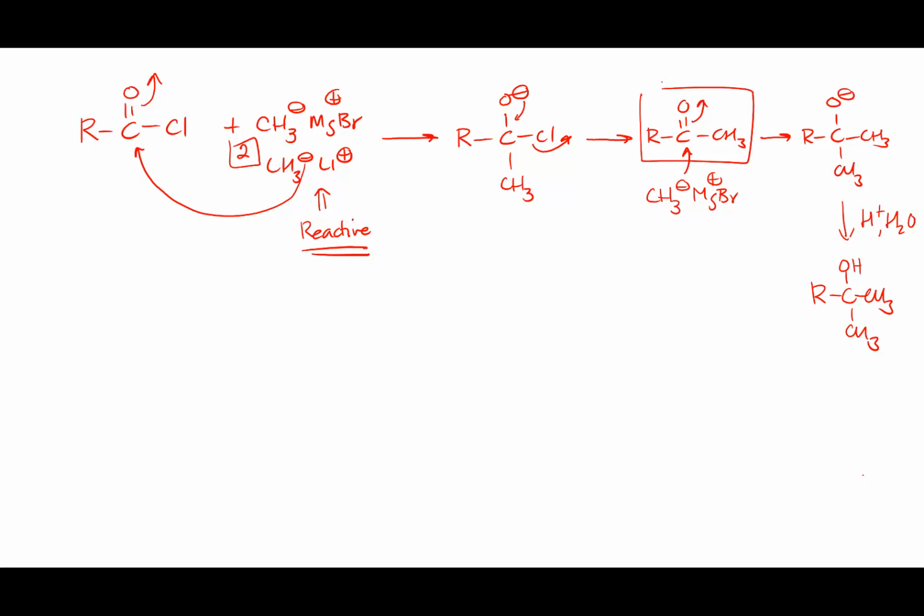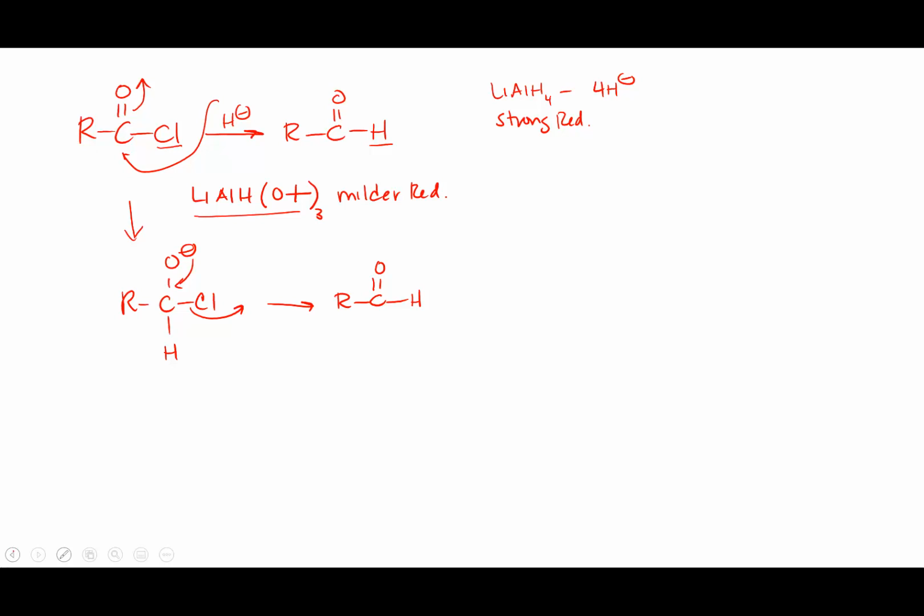All right, so now what I have to do is go back and analyze the approach I used before. When I was trying to make the aldehyde through reduction, I said, well, lithium aluminum hydride is just way too strong of a reducing reagent. It'll take the acid chloride and take it all the way down and add 2 H minuses.